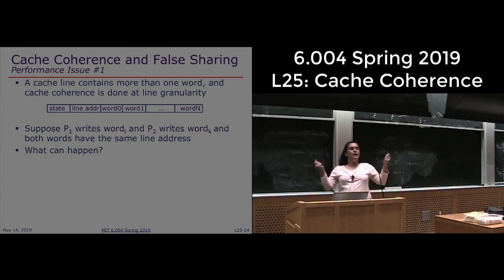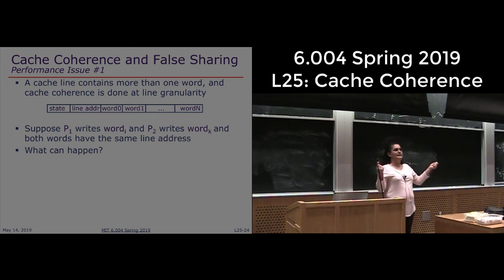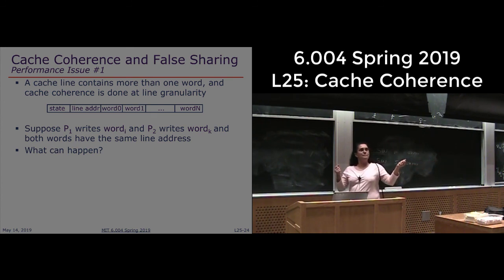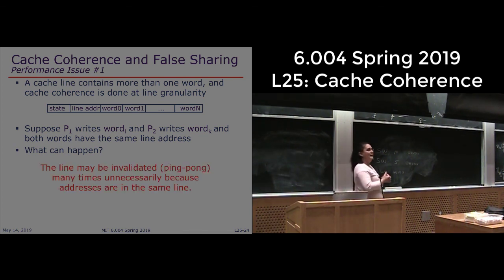They shouldn't cause a conflict, but if they happen to map to the same cache line, I'm going to constantly have to switch back and forth between which cache has the right to modify this line, even though they're actually trying to write to two different addresses. That's just one example of additional problems that can come about once you start thinking about all of this parallel execution.